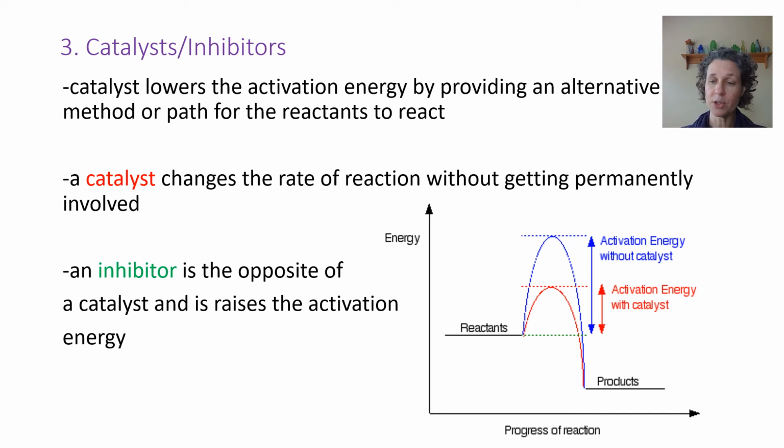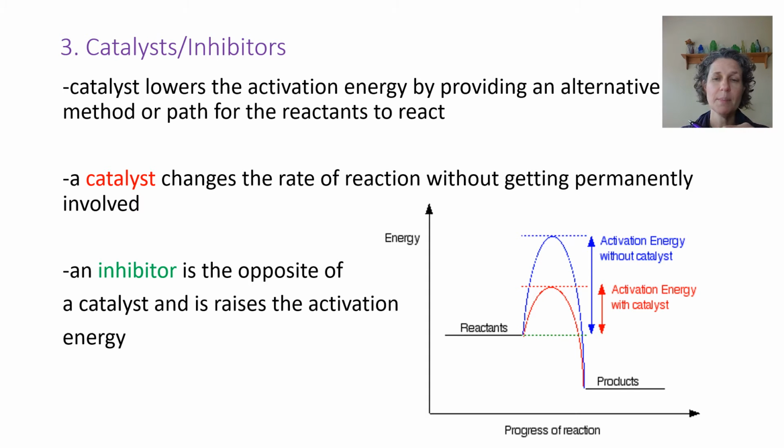Okay, so now how do you change that activation energy? This is where catalysts come in. A catalyst lowers the activation energy, makes that hill smaller, because it provides kind of a detour or an alternate route for the reactants to take in order to get to the products.